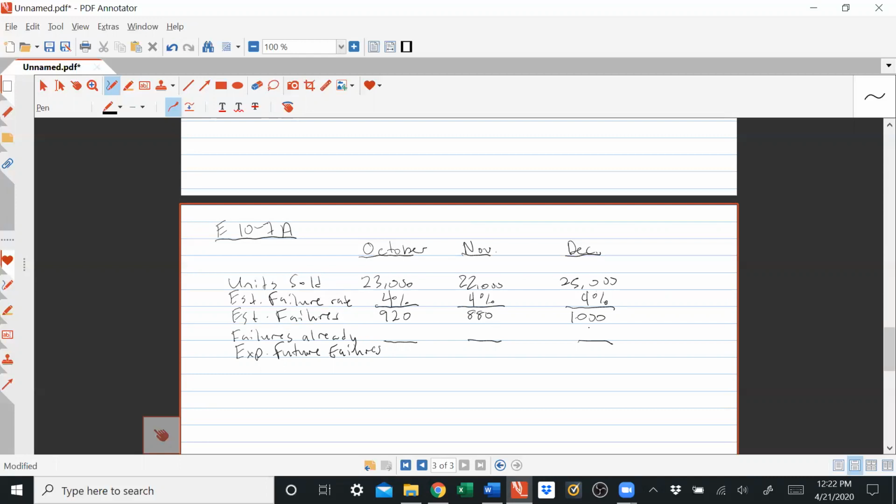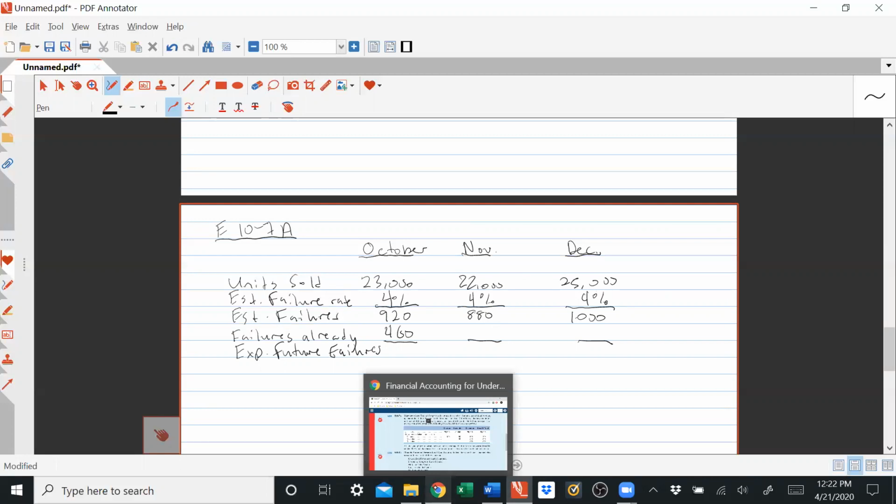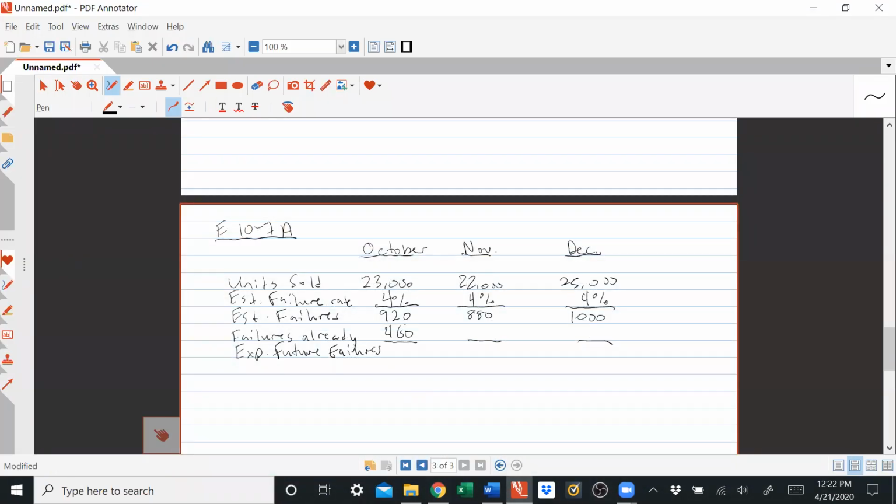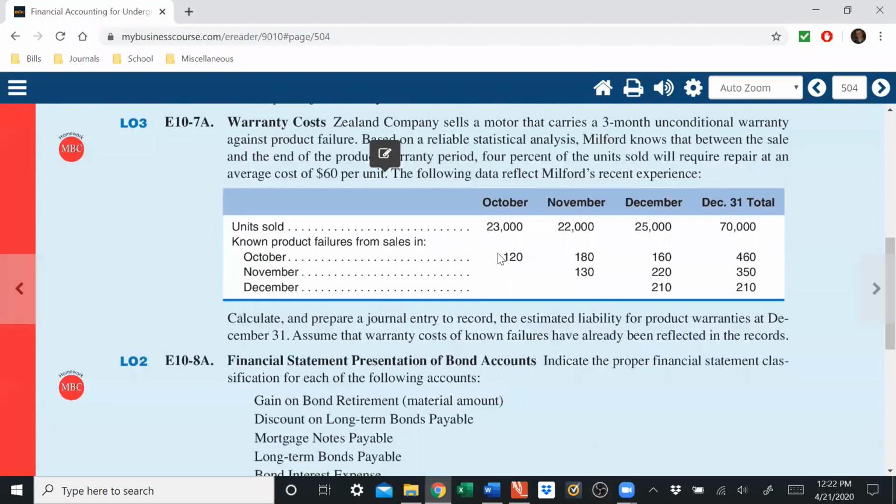In October, the failures that have already happened that were given to us, 460. Wait, let me think. Yeah, failures related to units sold in October are 460. 120 of those occurred in October, 180 occurred in November, and 160 occurred in December.